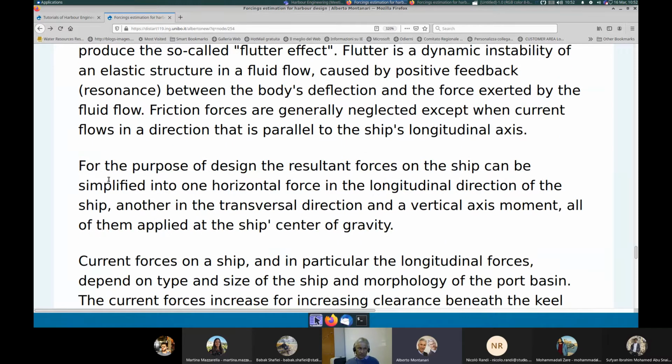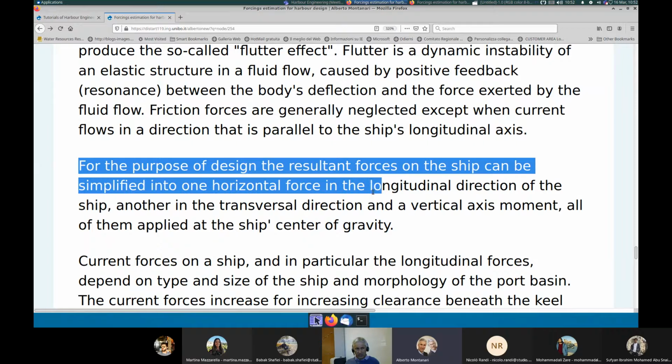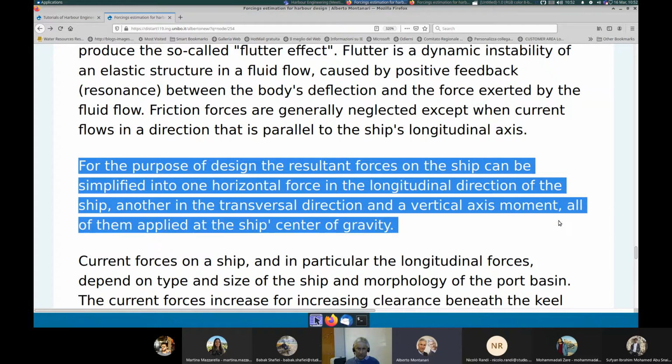So, for the purpose of design, again, the resultant forces can be simplified into one horizontal force in the longitudinal direction and another in the transversal direction, and a vertical axis moment, all of them applied at the ship's center of gravity.